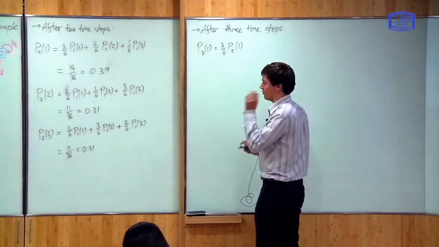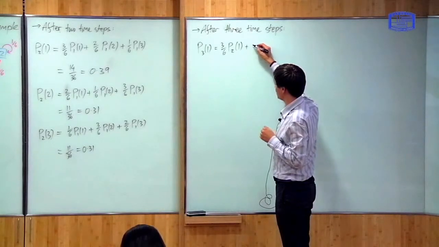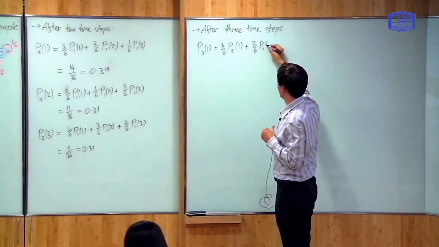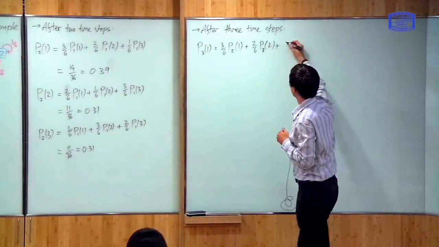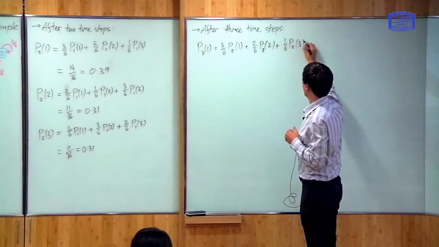The probability that I was in 1 and then I stay in 1 plus the probability that I was in 2 and went back to 1 plus the probability that I was in 3 and went back to 1.